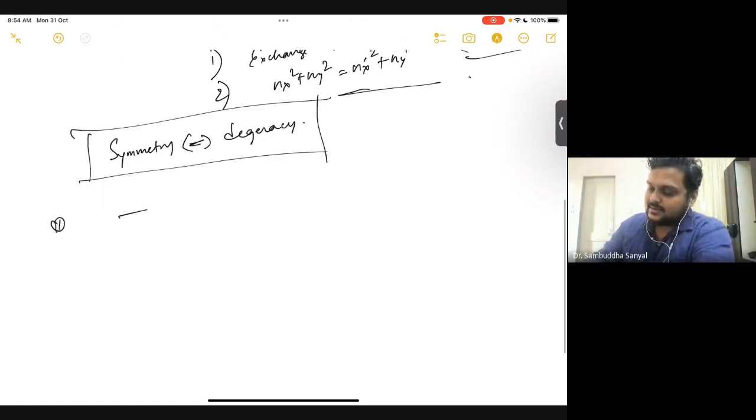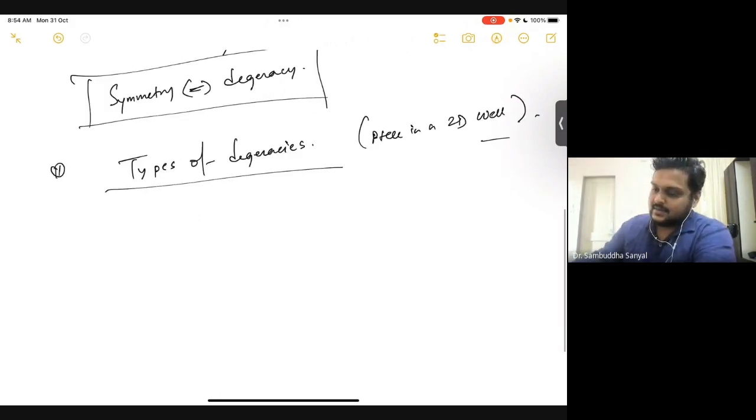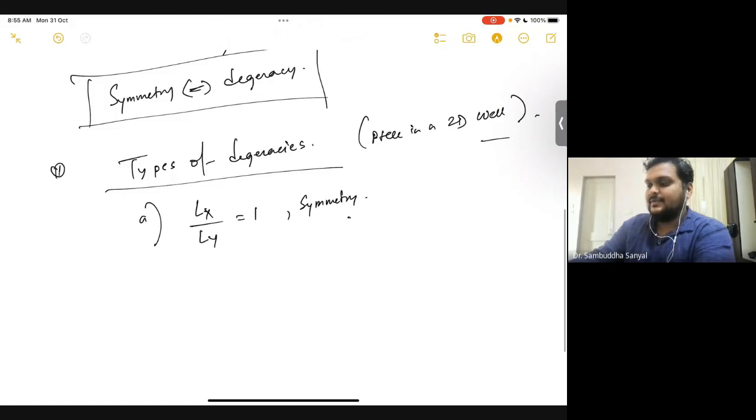So then let's talk about the types of degeneracy. In this problem for a particle in a 2D well, and you can also extend this to a higher dimensional well, the first one is symmetry related, which comes because Lx equals Ly, if it is a square well, not rectangular.